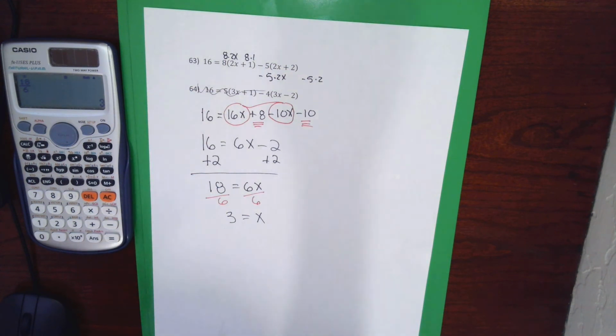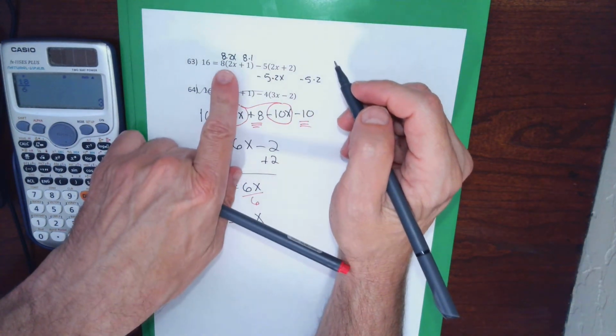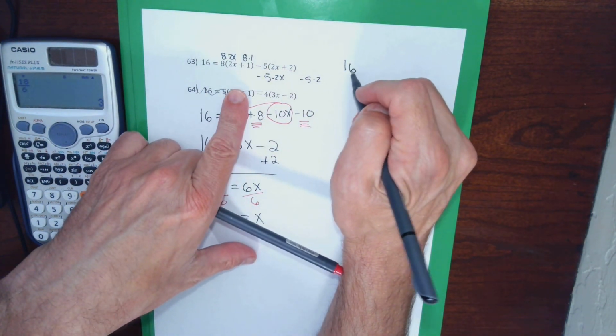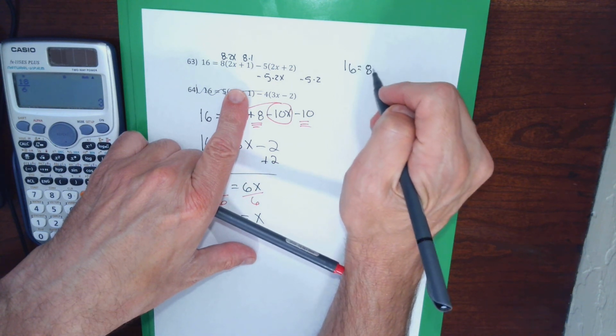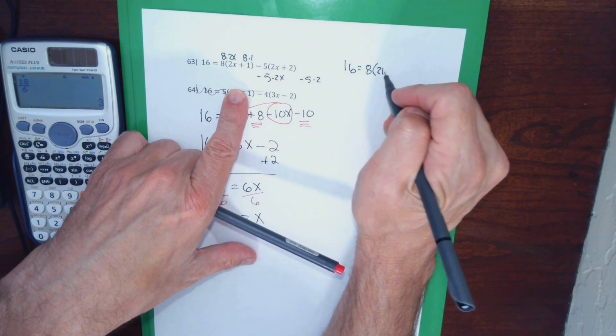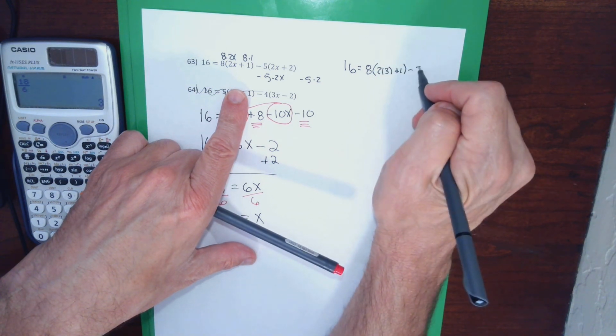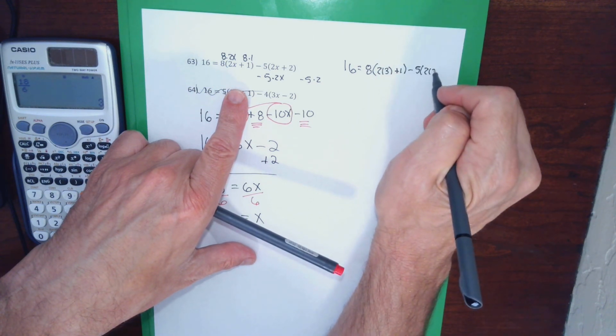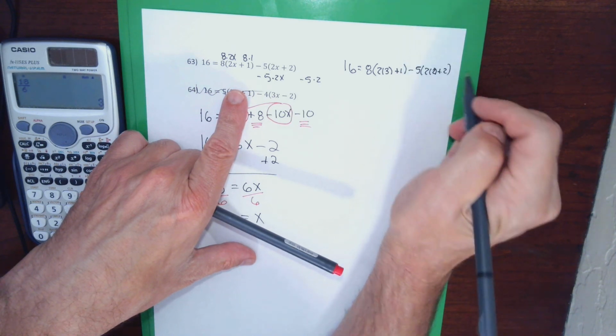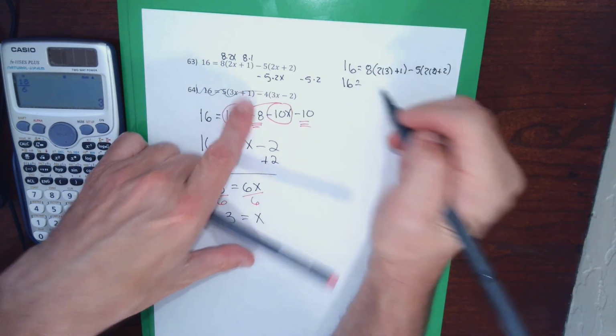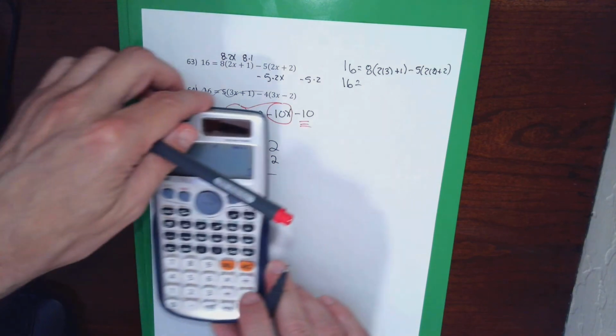I'm just worried. So the original problem, let me change those x's to 3. Let me see if 16 equals 8 times (2 times 3 plus 1) minus 5 times (2 times 3 plus 2). This side is 16. I don't need to worry about it. I just need to work on this right side.